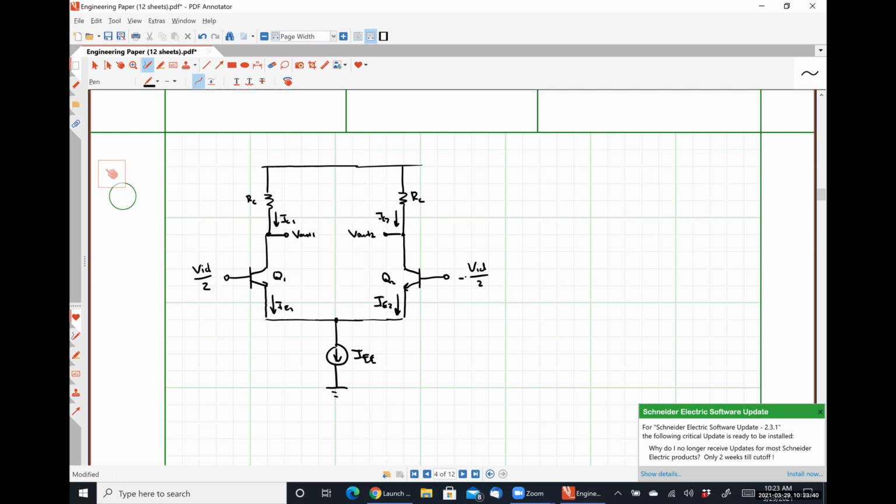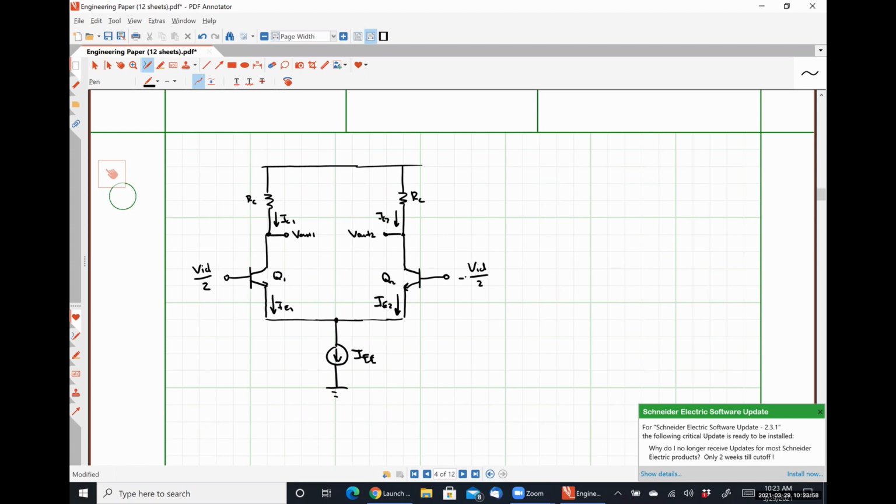Okay. So we know that the common mode signal is entirely rejected, so we can treat that portion as 0 because we know that the amplifier does nothing to it. And so I've simply deconstructed VN1 and VN2 into positive VID over 2 and negative VID over 2.